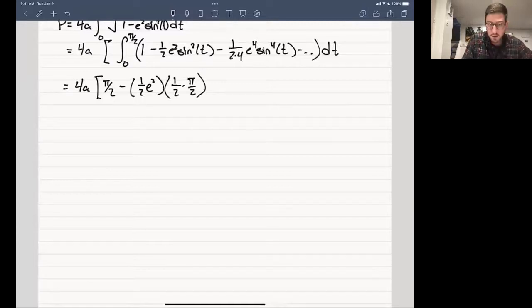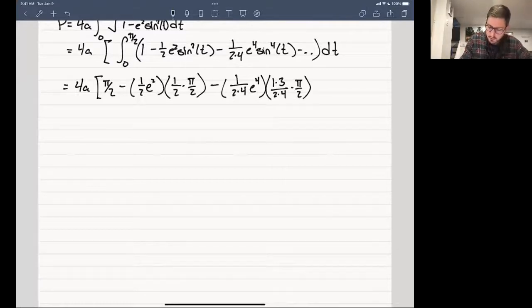The constants are out front, and in the second bracket in each one of these products is the actual sine to the power of n, integrated from 0 to pi over 2. So you get 1 times 3 divided by 2 times 4, and then times pi over 2.